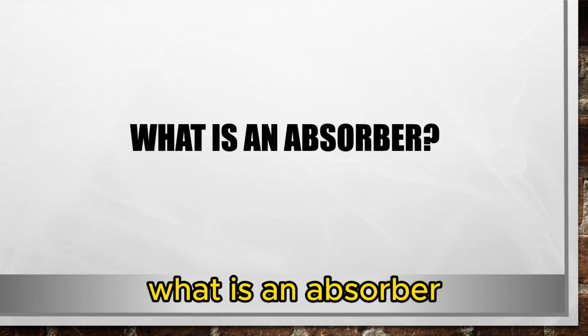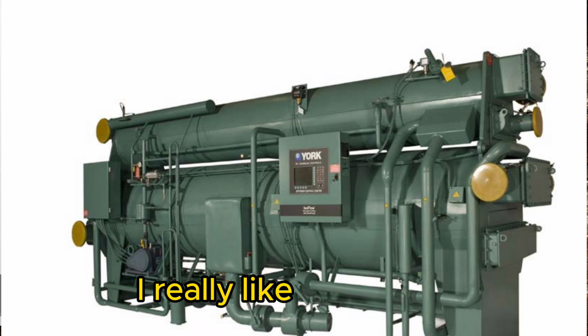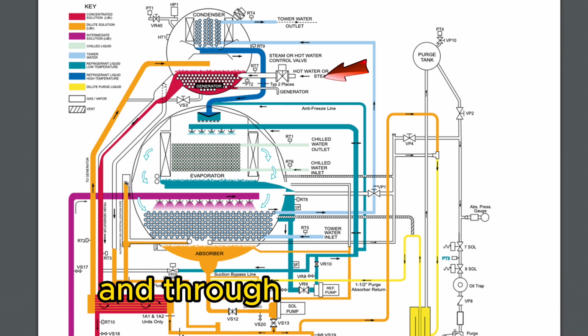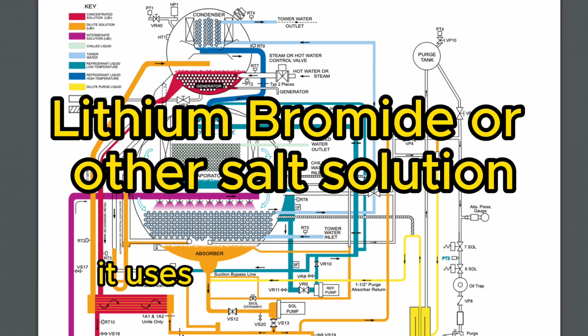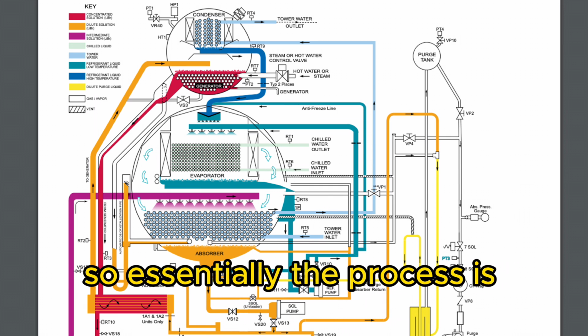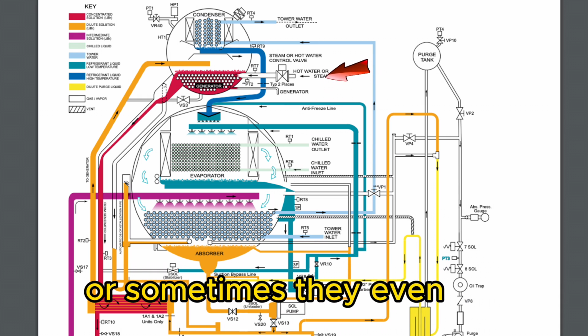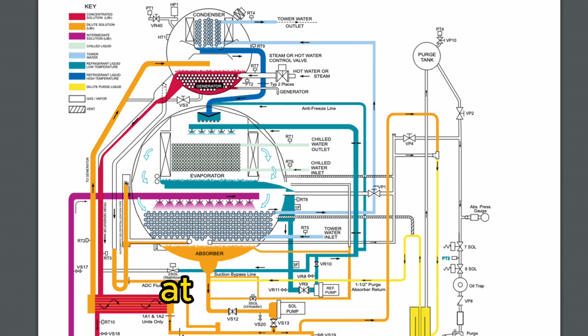What is an absorber? An absorber is a completely different animal. I really like absorbers. They're awesome. Essentially, an absorber takes heat, and through physics again, but usually through a different type of medium, it uses heat to create cold water. So the process is you add steam, or sometimes they use a burner, or sometimes they even use exhaust gas from a turbine or something like that at a power plant.